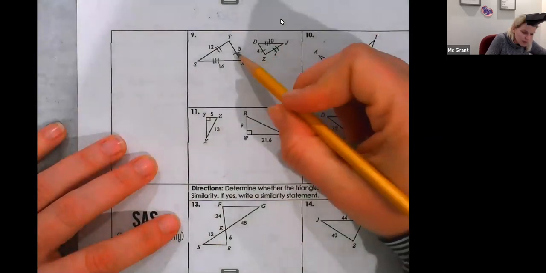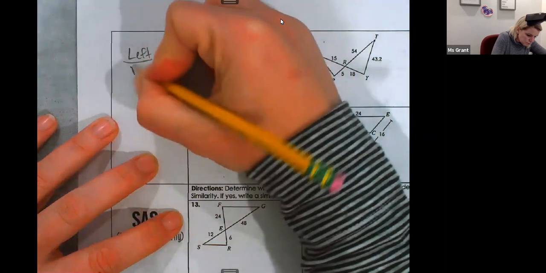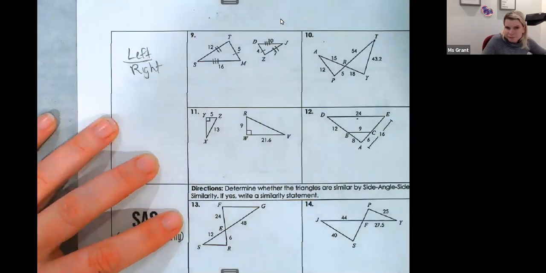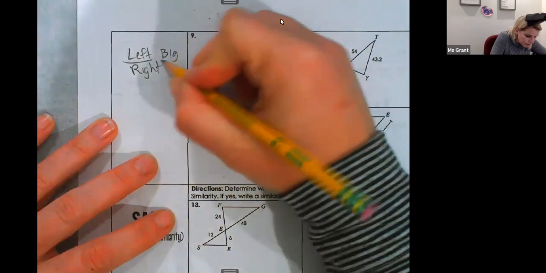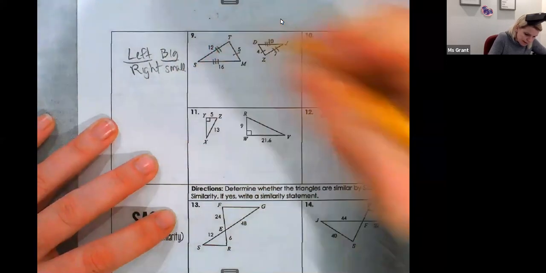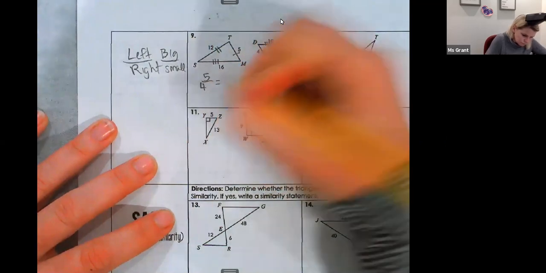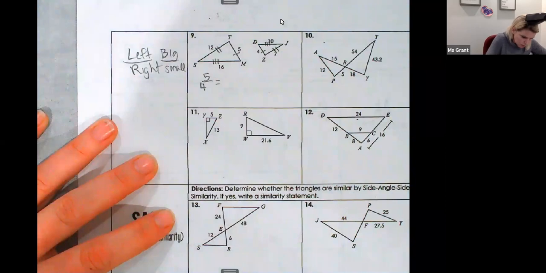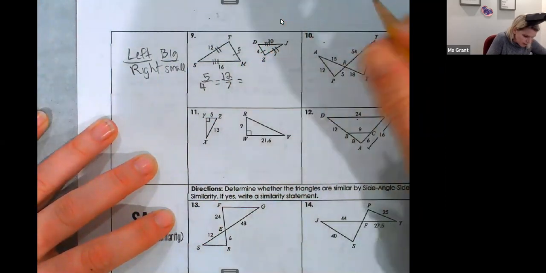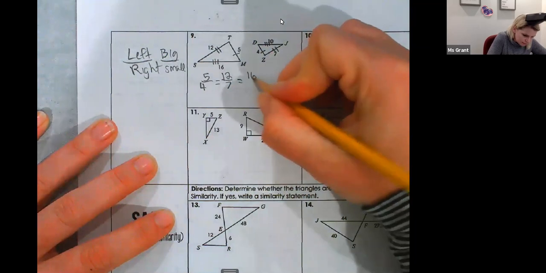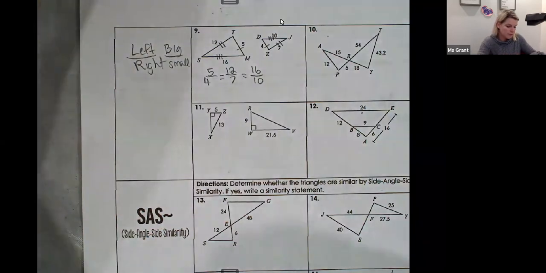4. Do you want to go left to right again? Left over right? Sure. That's just the same as big over small. Okay, ready? 5 over 4 equals 12 over 7 equals 16 over 10. Well, you guys, we have to figure it out.